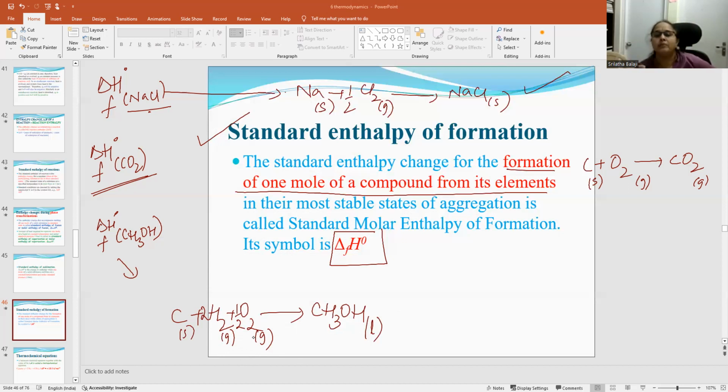This is what you mean by enthalpy of formation. It's not that you create some random equation. You have to create an equation based on the meaning that delta H naught F is giving you, based on its definition. You have to be very clear about this: based on the nature of the reaction and the notation we give, your equation will change. Clear? Got it?